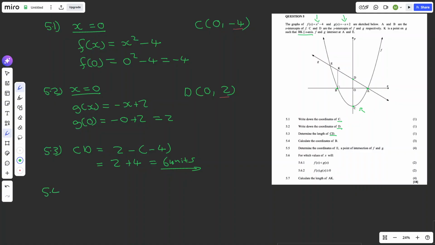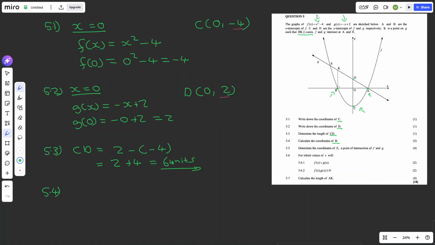In the next question, 5.4, we now want to find the coordinates of B, which is another point, right? And B, what you'll notice is that it's a point on the parabola. Another thing is that this point is the point of intersection between the parabola and the x-axis. Not only this point, but another point here.